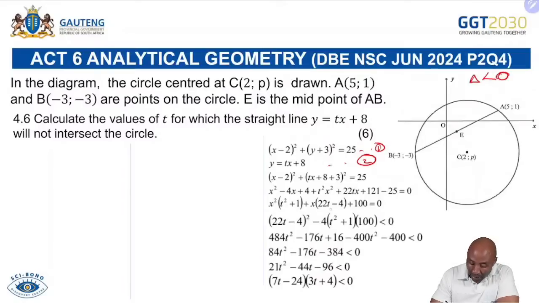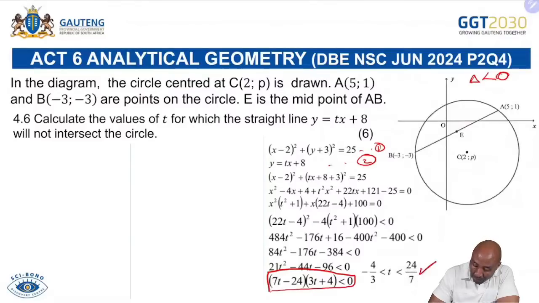We factorize, and we get our critical values as negative 4 over 3 and 24 over 7. So it means we are solving an inequality here, and our t should be greater than negative 4 over 3 and less than 24 over 7.